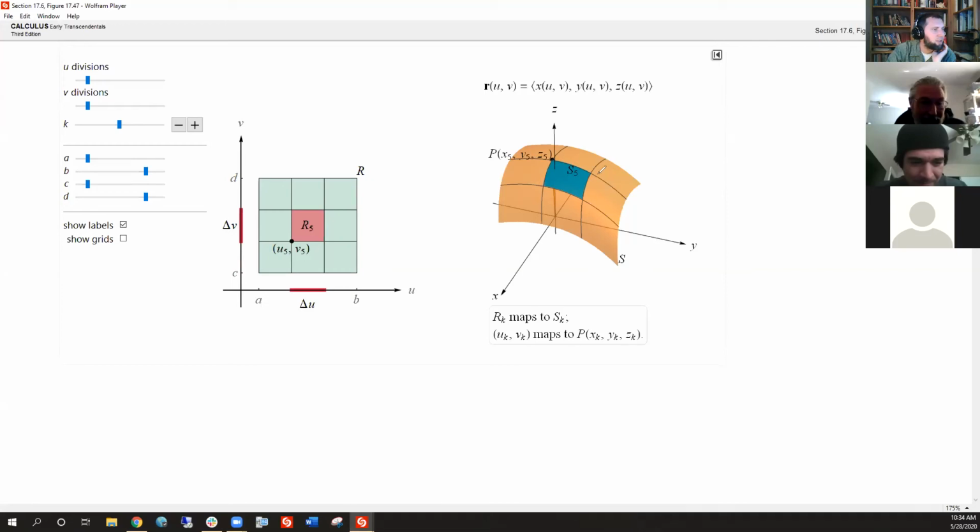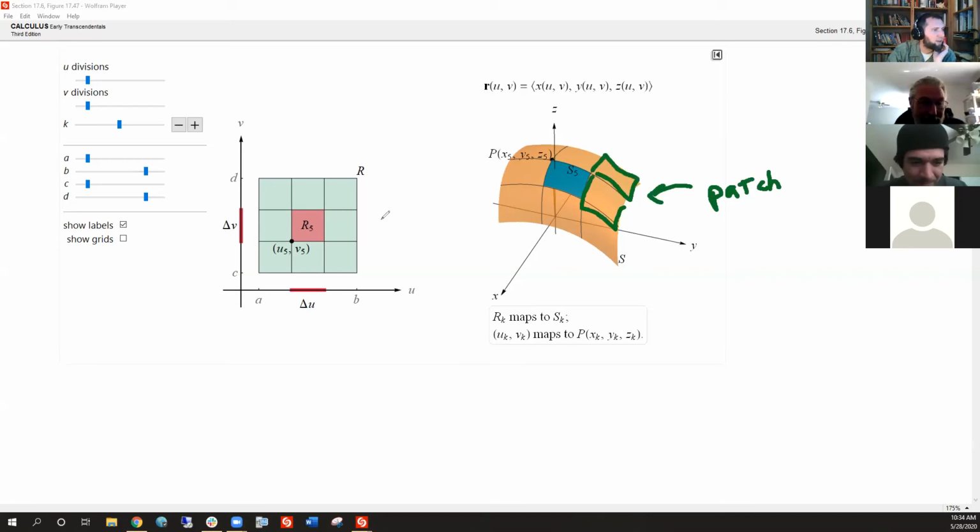We're going to name each one of these a patch, like a patchwork quilt. You can imagine that this whole thing is made up of a whole bunch of patches. So in this case, there would be 9 rectangles in the uv world, 9 patches on the surface.